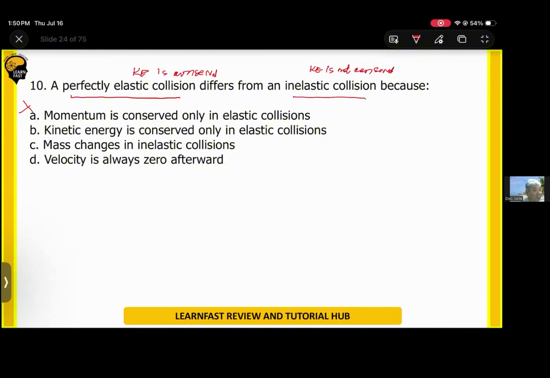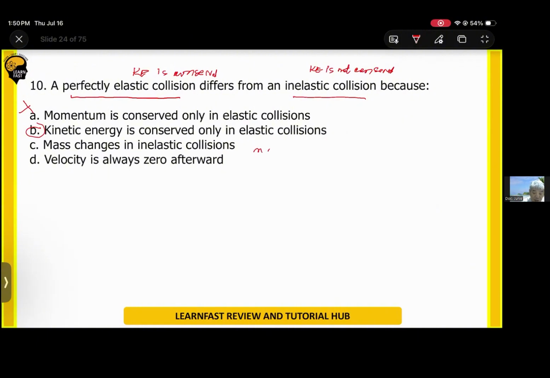Kinetic energy is conserved only in elastic collision. So the answer here is letter B. Now, letter C, mass changes in inelastic collision. So letter C is also wrong because mass is conserved.